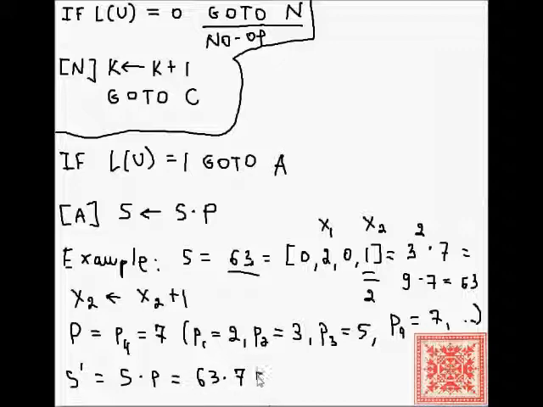Because x2 corresponds to the fourth prime, this is equal, as a Gödel number, to 0202, which in turn is equal to 3 to the second times 7 to the second.